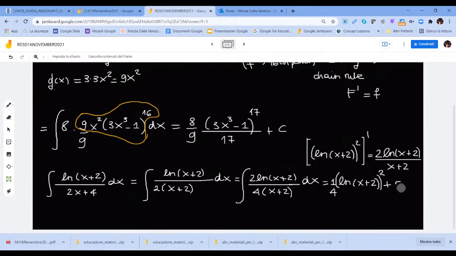And then you add c, or if you have some upper and lower bounds, you compute everything.